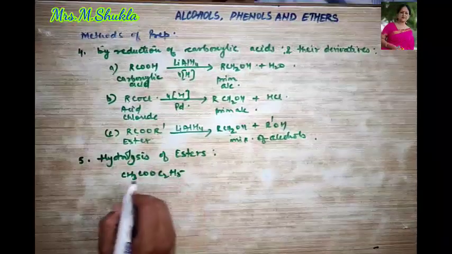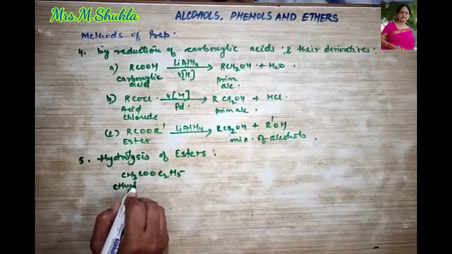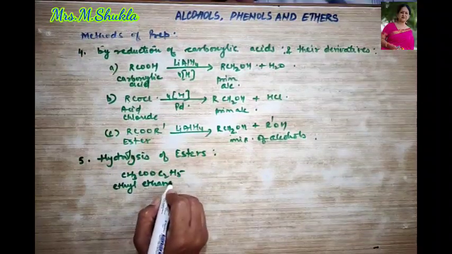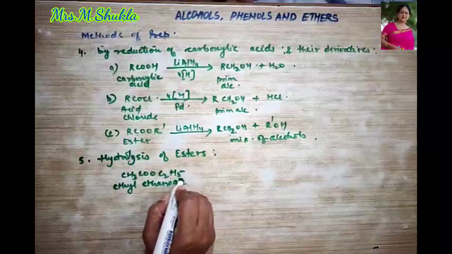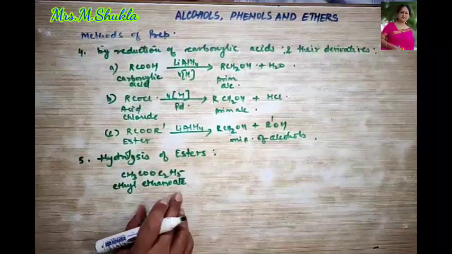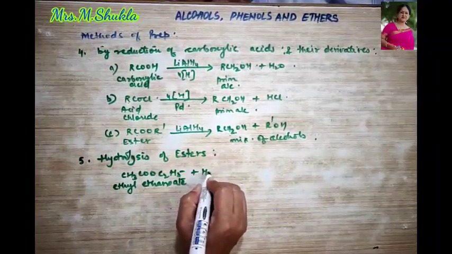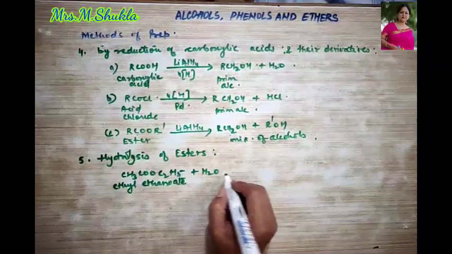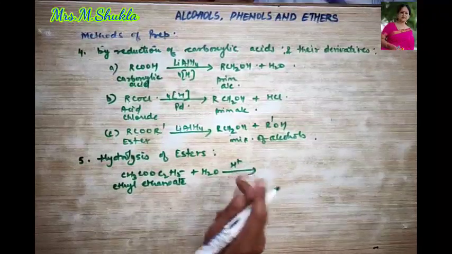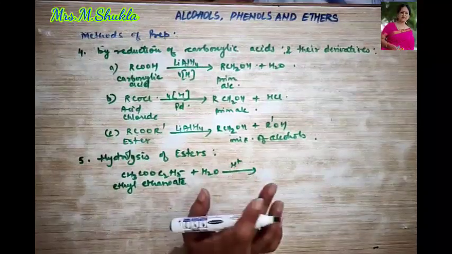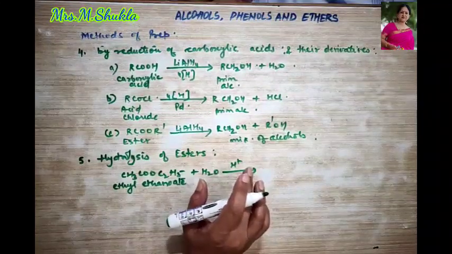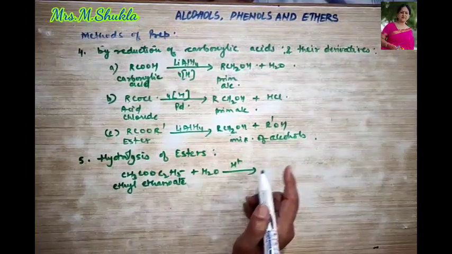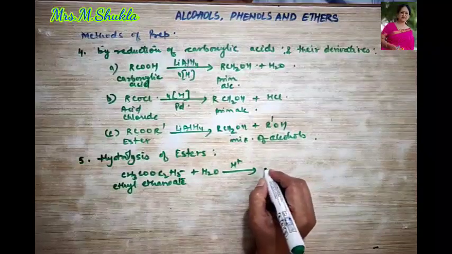What name did I give it? Ethyl ethanoate, when treated with water in the presence of what? It could be a dilute solution of either an acid or an alkali. Then it is going to hydrolyze to give you ethanoic acid, and ethanol will be produced.